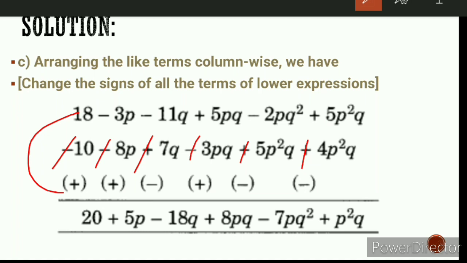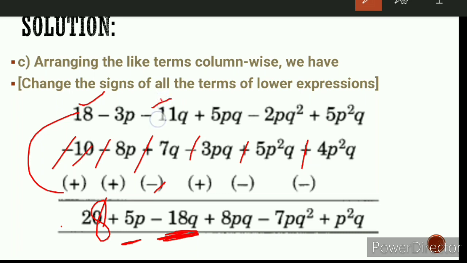Okay, now these two, 18 and 10, are positive, so it is 28. Next, minus 3p and plus 8p, opposite signs, so we subtract: 5p. Next, minus 11q minus 7q, same sign, so we add and put a negative sign: minus 18q.